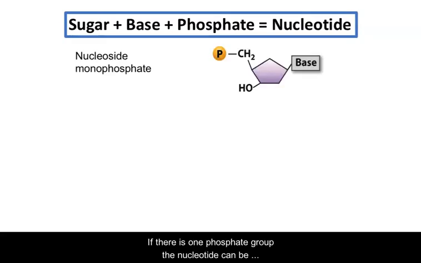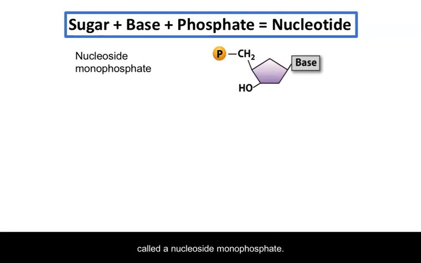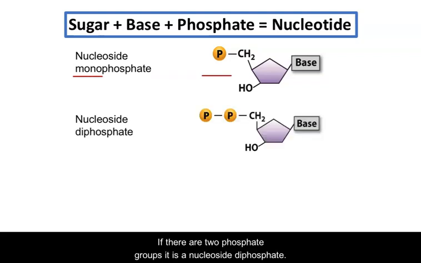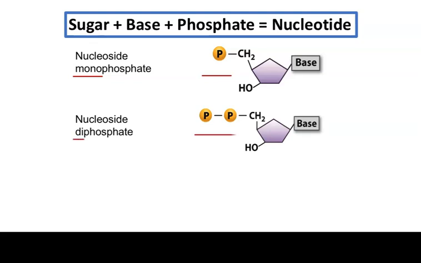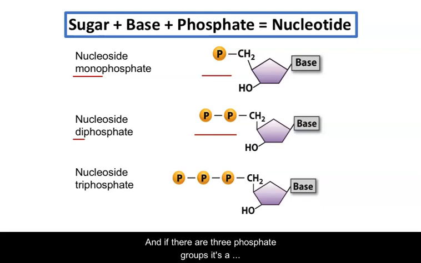If there is 1 phosphate group, the nucleotide can be called a nucleoside monophosphate. Remember, mono means 1. If there are 2 phosphate groups, it is a nucleoside diphosphate, because di means 2. And if there are 3 phosphate groups, it's a nucleoside triphosphate, and tri means 3.